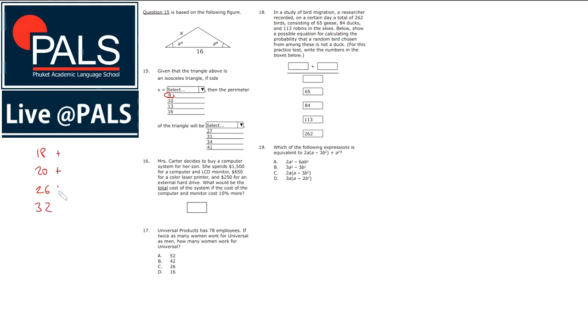And now we have to add 16 to all of these for the perimeter. 18 plus 16 is 34. Oh yeah, okay, so we have one already. If it's 9, then it's 34.